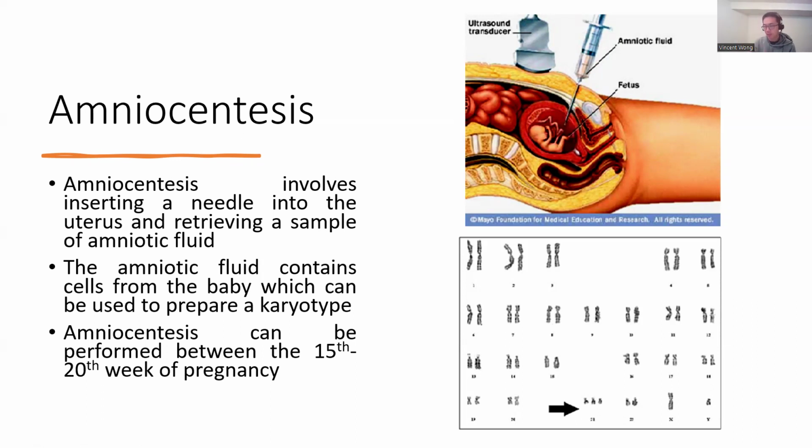Then they take the cells from the amniotic fluid and look at the DNA, look at the chromosomes. That can be done at 15 to 20 weeks of pregnancy, and the parents would be informed about what's going on, and can make plans and decisions accordingly.